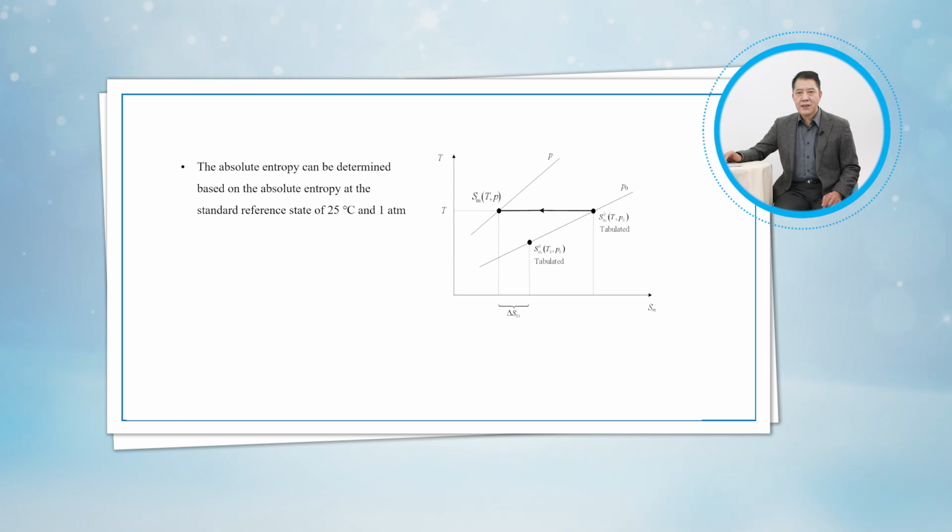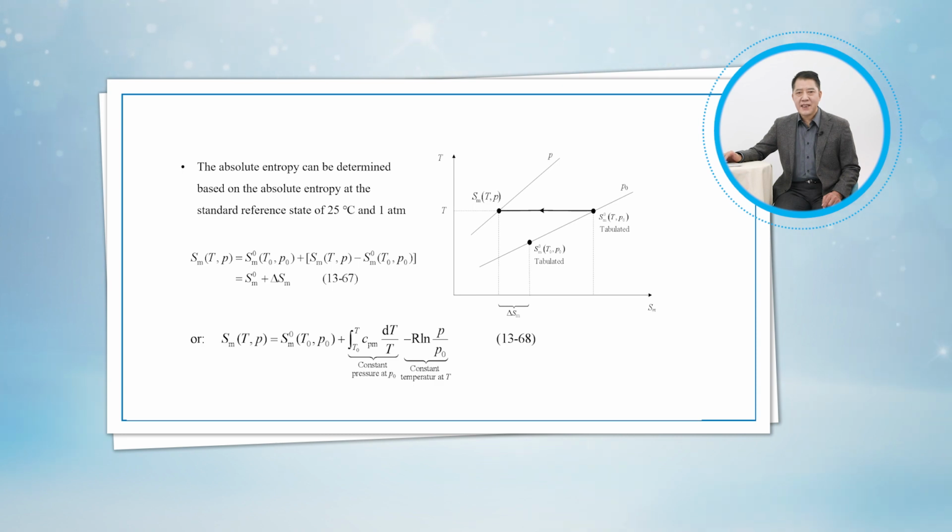From the TS diagram showing the relations for the states, we have the absolute entropy expressed as, this is equation 1367.